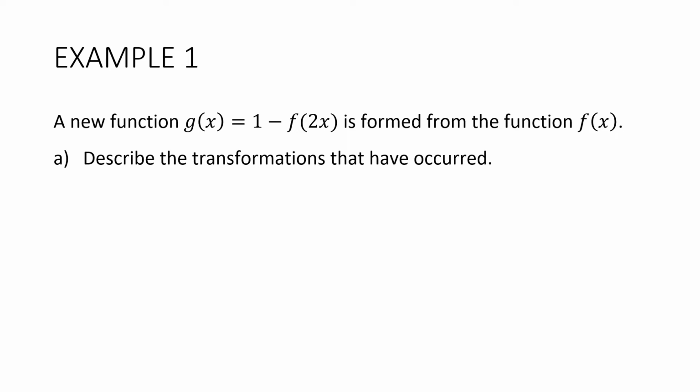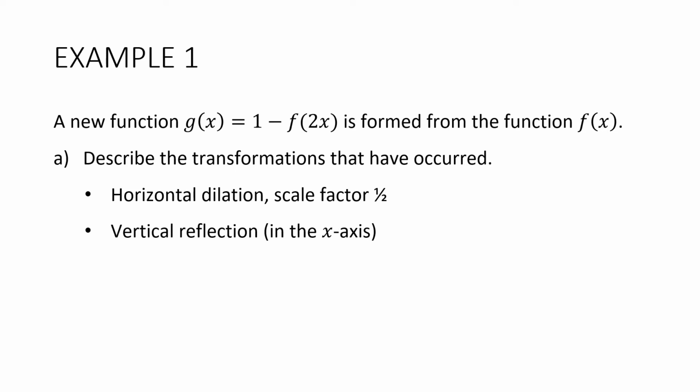So there are 3 of them. We can see a vertical translation, there's a reflection in the x-axis, and there's a horizontal dilation. So there's 2 dilations, we'll put those first. Horizontal dilation scale factor of half, vertical reflection in the x-axis, and vertical translation 1 unit upwards.